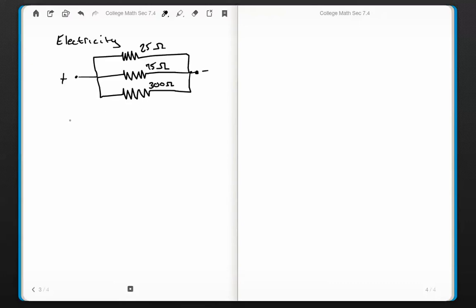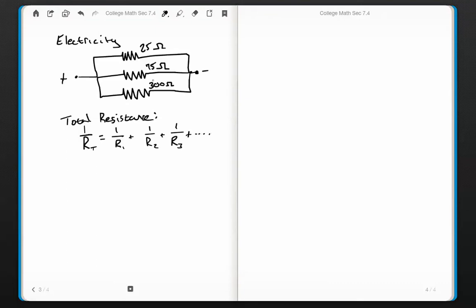Well, it turns out that total resistance when they're going through resistors in parallel, the formula for that is 1 over the total resistance equals 1 over the first resistance plus 1 over the second resistance plus 1 over the third resistance plus, and that keeps going on.